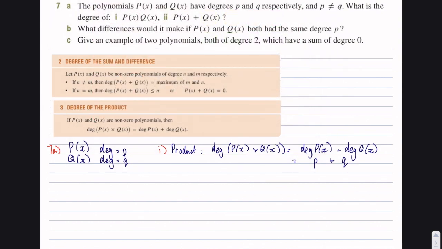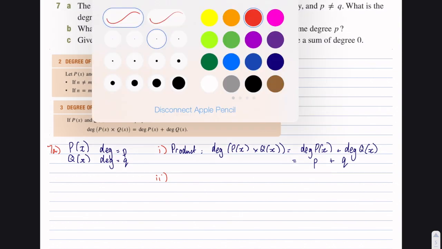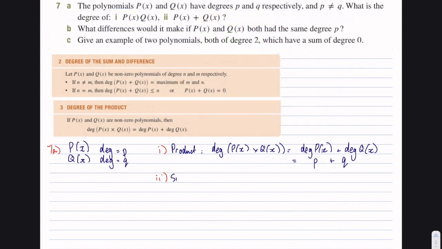For number 2, for the sum, so we've got p does not equal q, so we can use, I'll do this in yellow, this.